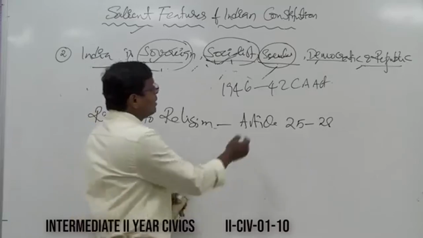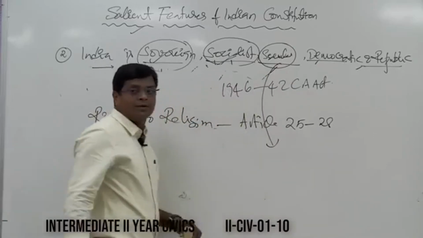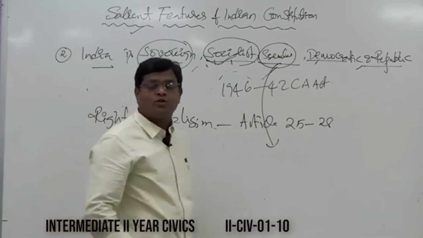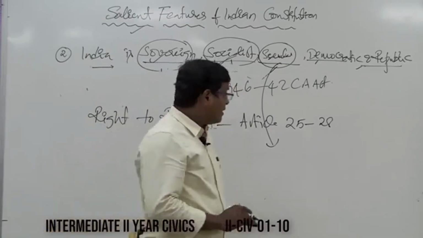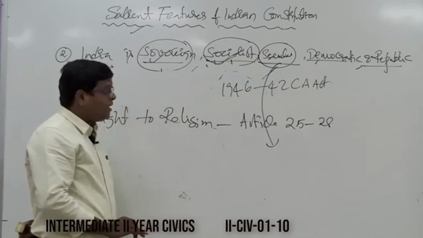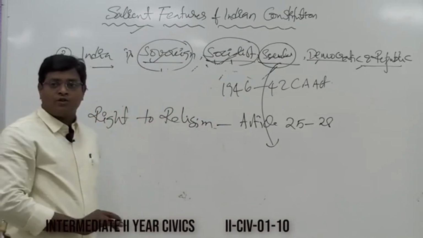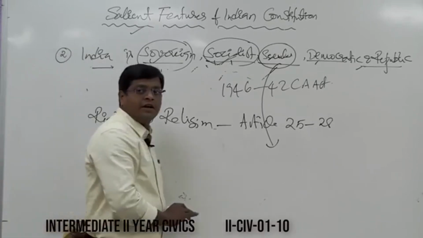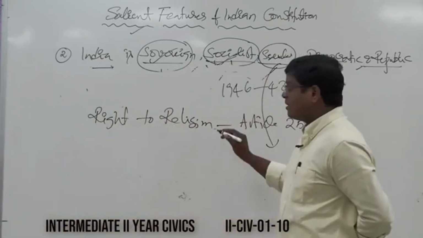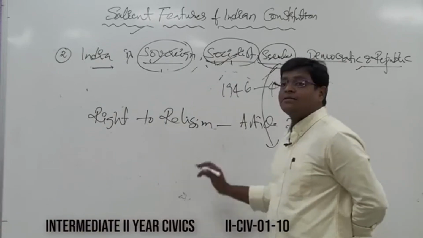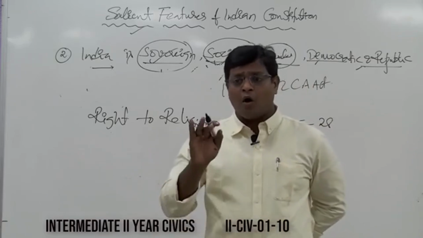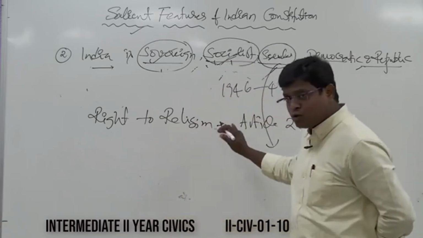So then what is meant by secularism here? The state which provides equal status to all religions, irrespective of any religion. Here we enjoy equality in matters of religion. That means no official religion of the state. India does not have any official religion. So all the religions live together.